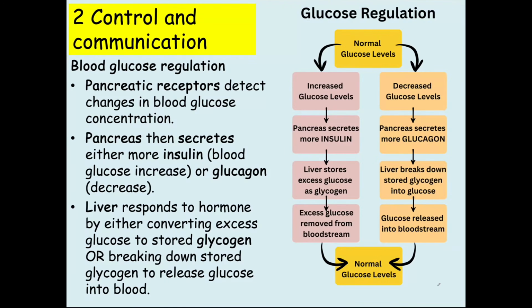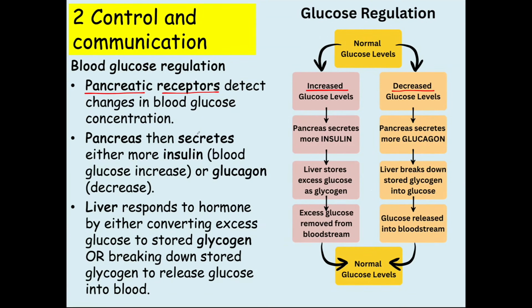And let's have a look at an example of some hormones that are released into our bloodstream. So we have an organ called our pancreas. And our pancreas is an important one because it both detects changes in our blood glucose, but also releases hormones in response to that. So we have things called pancreatic receptors, and their job is to detect changes in the blood glucose concentration. We can either have an increased blood glucose level or a decreased one.